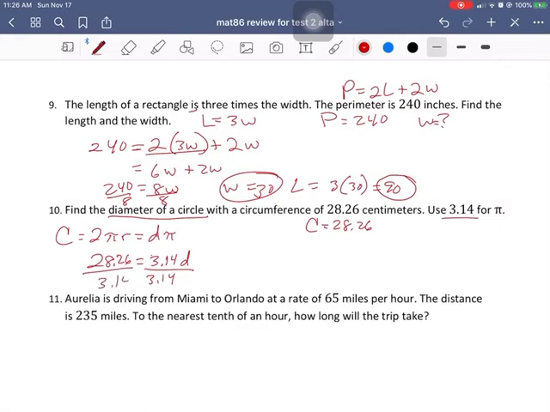So you can divide both sides by 3.14. Let me do that real quick. 28.26 divided by 3.14 gives me 9. The diameter is 9.